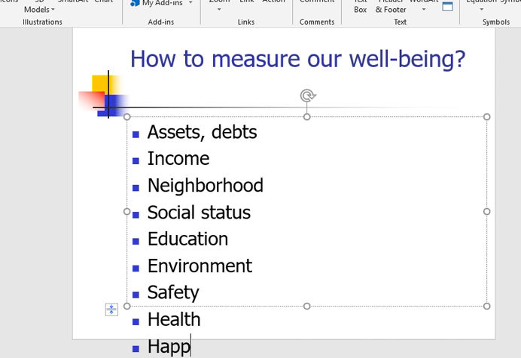Happiness. And this is also another thing that we tend to leave out. Unfortunately, once again, this is probably the single most important indicator of the well-being of an economy, of an individual or a family.